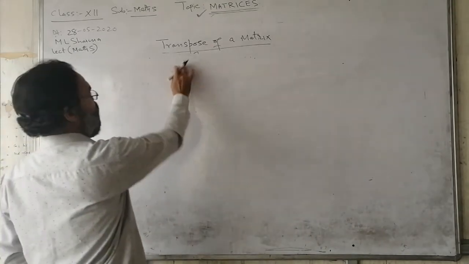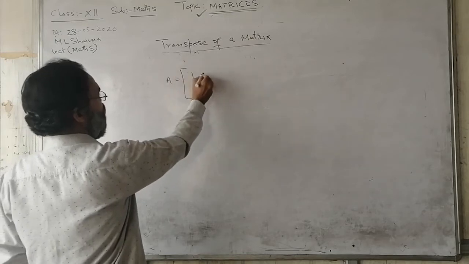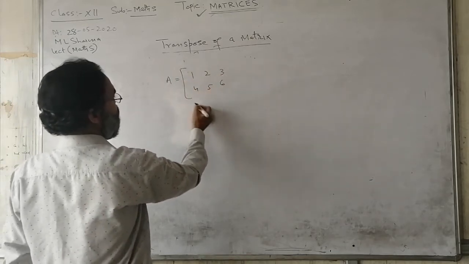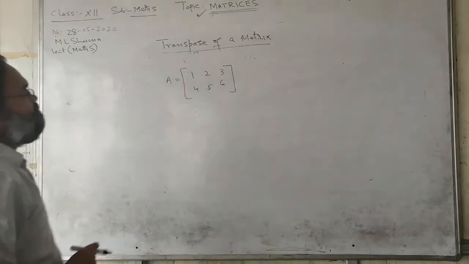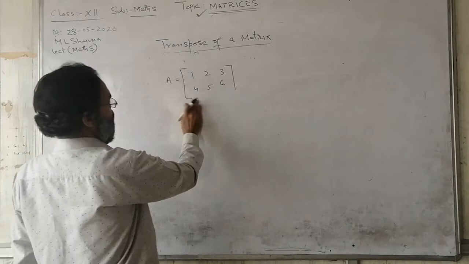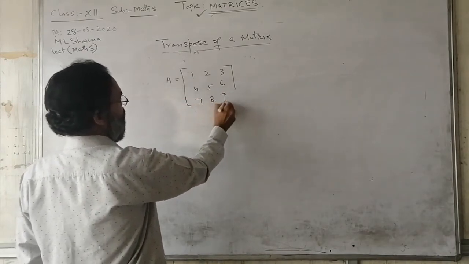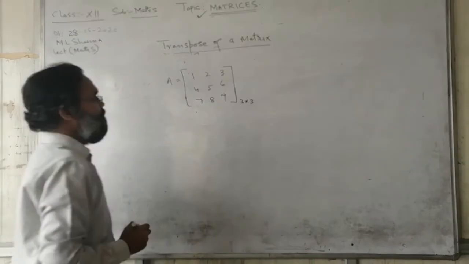Before I take the properties, let A be 1, 2, 3, 4, 5, 6. This is a matrix. If I write 7, 8, 9, it will be a 3 by 3 matrix.